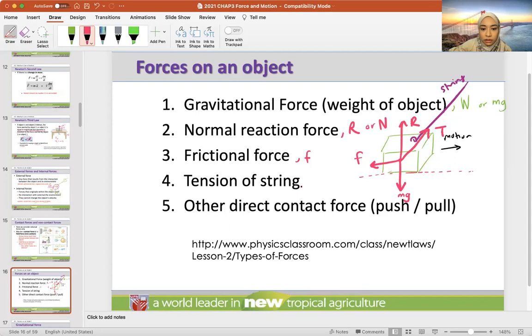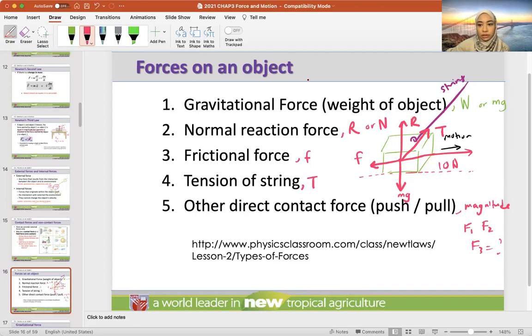Tension of string, label as capital T. And for other direct contact forces, push or pull, you can just label it as the magnitude. For example, I'm dragging this box to the right, so I just label this as 10 Newton. We put it on the free body diagram. We will learn in more detail later. So you just label it as the magnitude, or if you like, you can label it as F1, F2, F3 equals whatever magnitude it is.